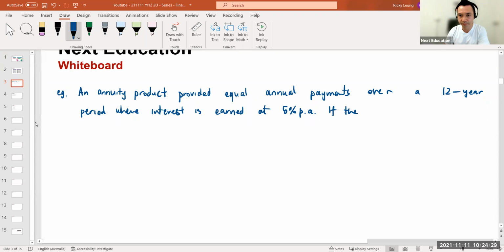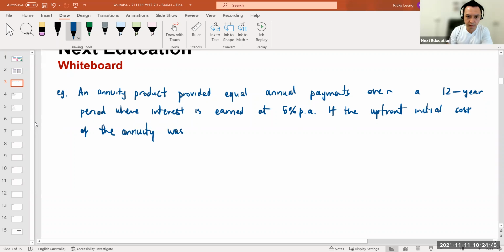If the upfront initial cost of the annuity was $75,000, find the value of the annual payments.